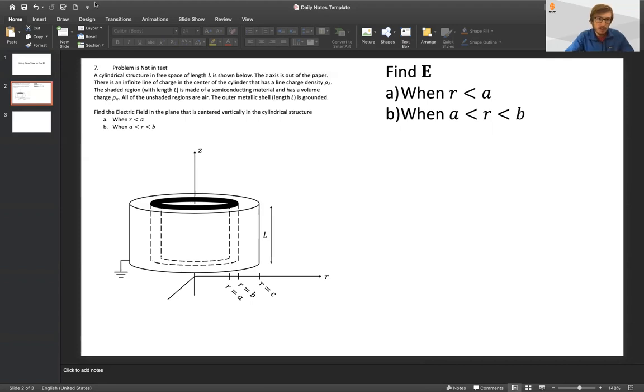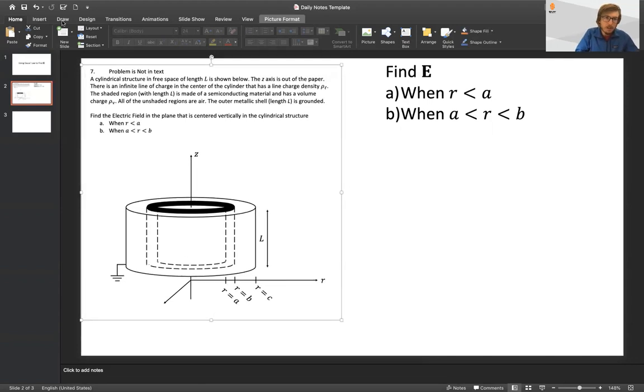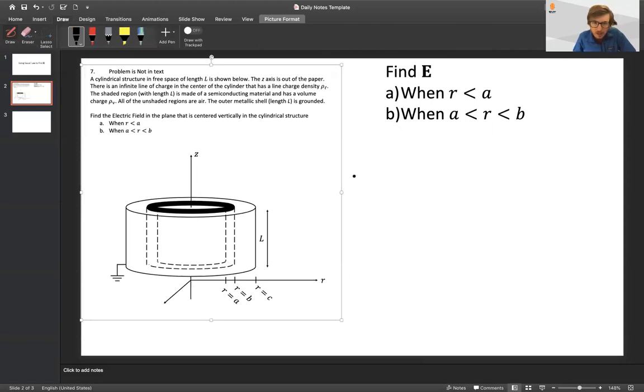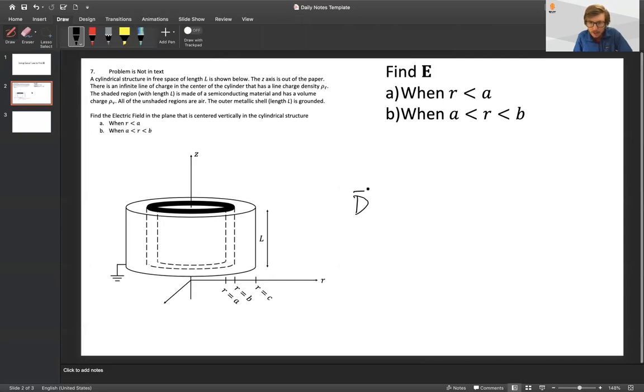So first, we want to see that this problem is going to have a symmetry. If we look, we can see that the electric field is going to be the same all the way around this problem, halfway between the z-axis in the middle of the can. And so if we were to write generally the electric flux density for cylindrical coordinates, since this is in the cylindrical coordinate system, we would write that the electric flux density will take this form.